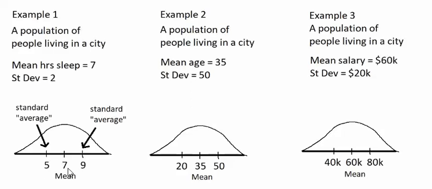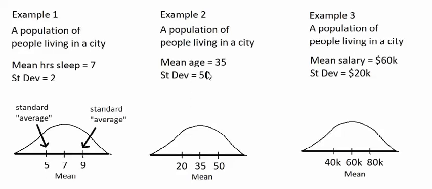Let's just quickly go over example 2 and 3. If the mean of a population is 35 and the standard deviation happens to be 50, actually, sorry, I meant to put 5, not 50. So just imagine that that 0 isn't there.